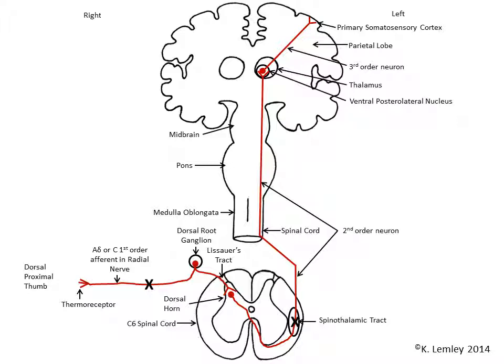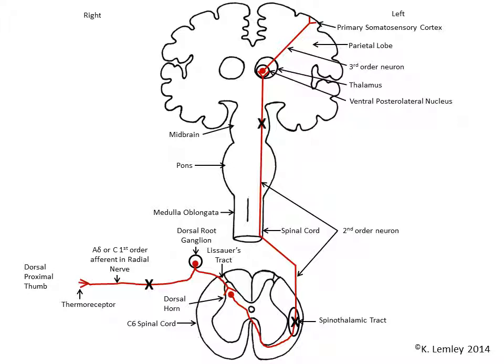Because all of that information that's entering the spinal cord below C6 has to ascend up to the brain through that spinothalamic tract. I'm only going to affect the right side of my body because that temperature information crosses over in the spinal cord. So if I damage the left spinothalamic tract, that's going to affect temperature sensation on the right side of my body.